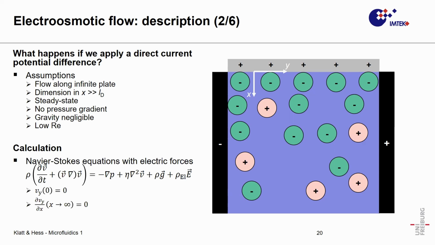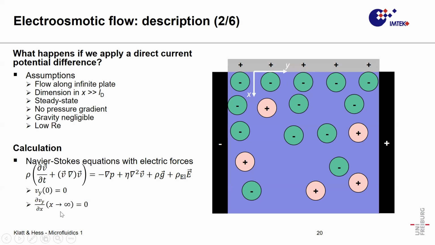And to determine the velocity, you can start with the now well-known Navier-Stokes equations, including on the right-hand side the electric forces. So we know that the velocity in y direction at the position x0, so at the position of the wall, is going to be 0.